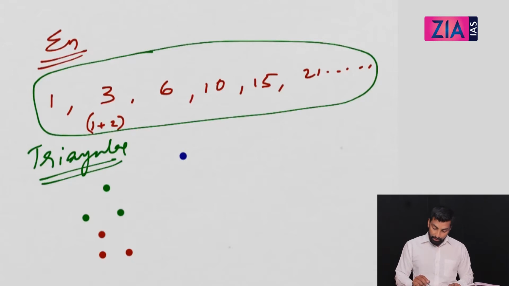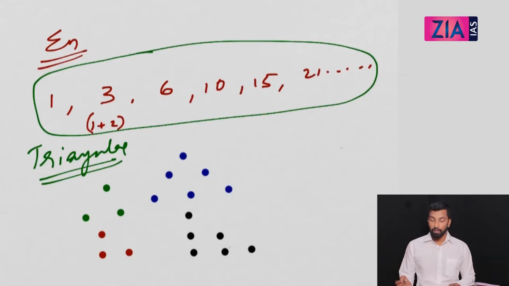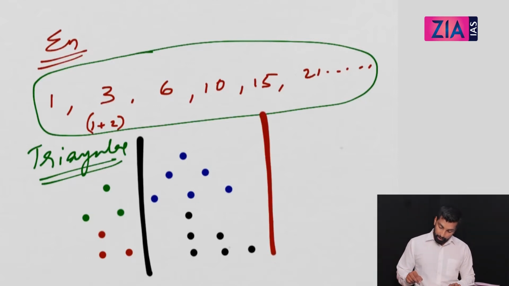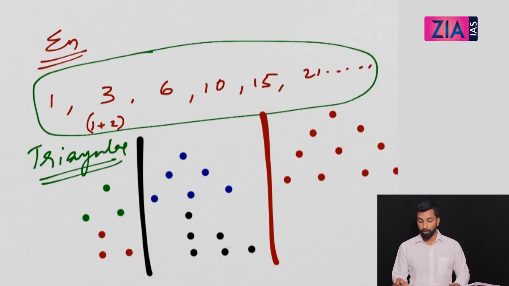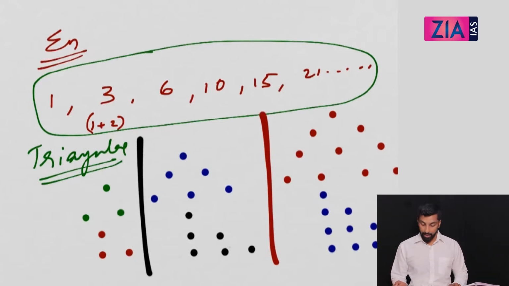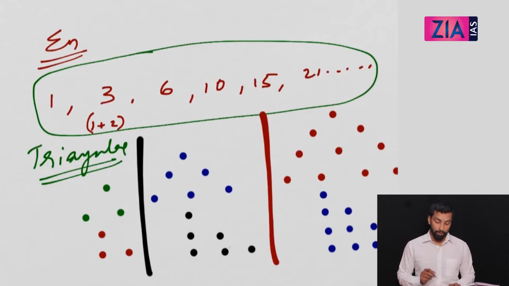Similarly, 6 you can represent like this, or like this as a right angle triangle. What about 10? If you need to represent it, it's like this, which is also a triangle, or as a right angle triangle it will be like this. So you can visualize these as triangles. That's why sigma n numbers are also called triangular numbers.